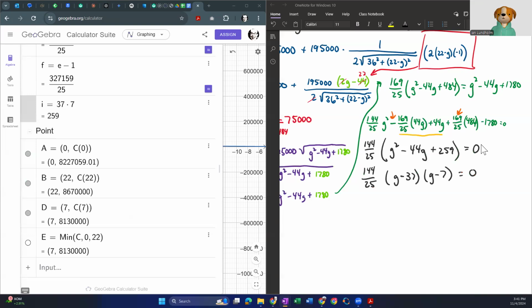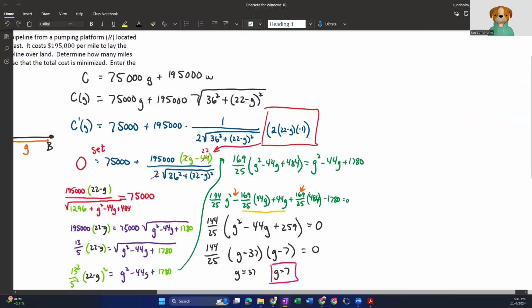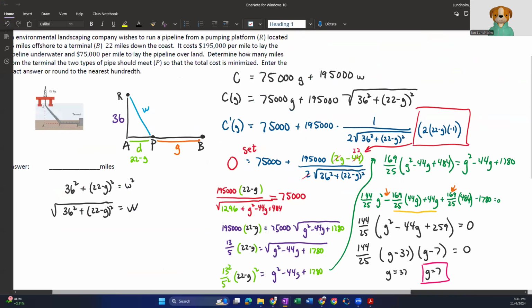And this one is the only one that makes sense in the context of our problem. G equals 7 is the only one that makes sense because the tract of land that we were working with, let's go ahead and get this back into focus.